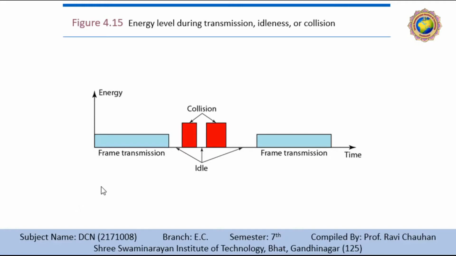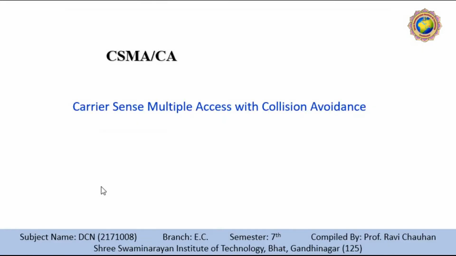Now let's go for CSMA/CA. CSMA/CA is carrier sense multiple access with collision avoidance. The basic idea behind CSMA/CD is that the station needs to be able to receive while transmitting to detect the collision. When there is no collision, the station receives one signal, its own signal.